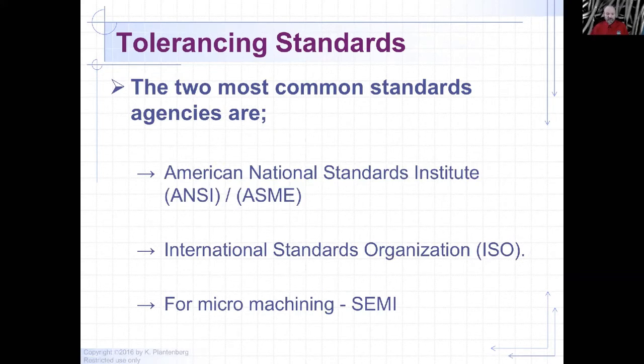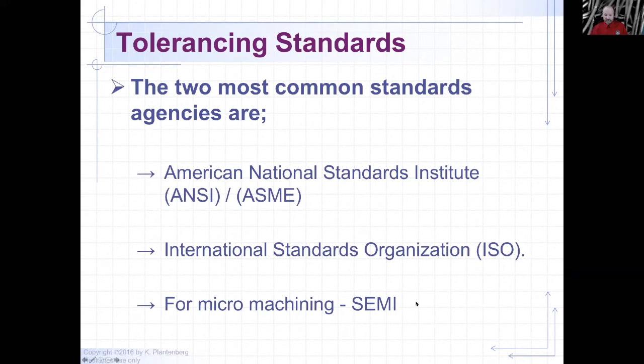So there's a couple of different standards that are used. So the American National Standards Institute is ANSI. It's part of ASME, right? American Society of Mechanical Engineers. The International Standards Organization, also known as ISO, they have standards as well. And then there's micromachining standards on their own, and that's part of SEMI.